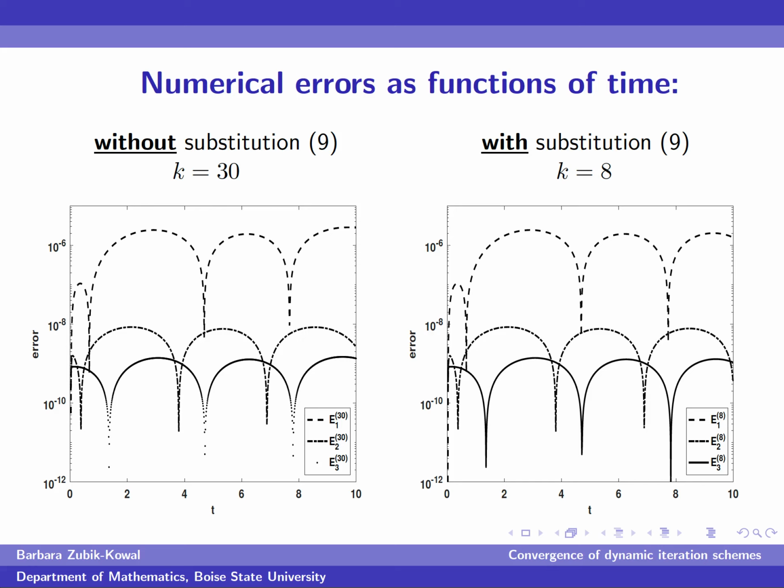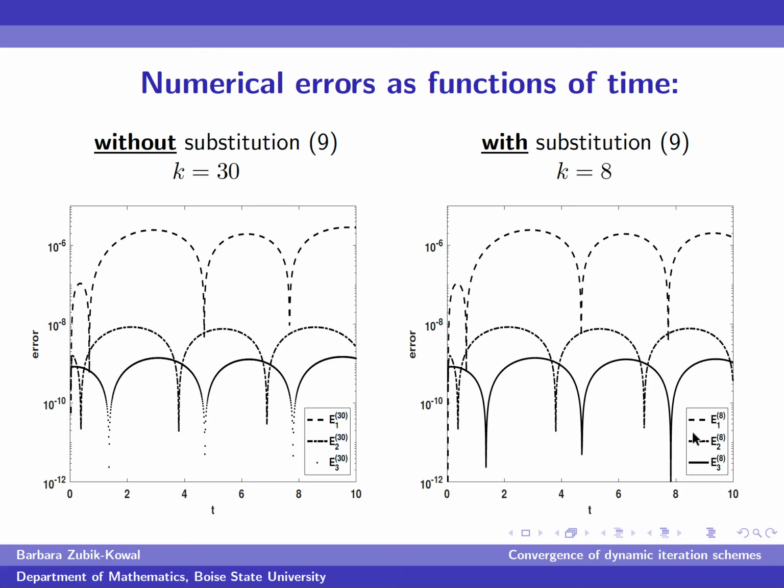The accuracy for different values of time is presented in these two figures. Now the errors are presented as functions of t over the interval from 0 to 10. So the horizontal axis are for time and the vertical axis are for the accuracy.